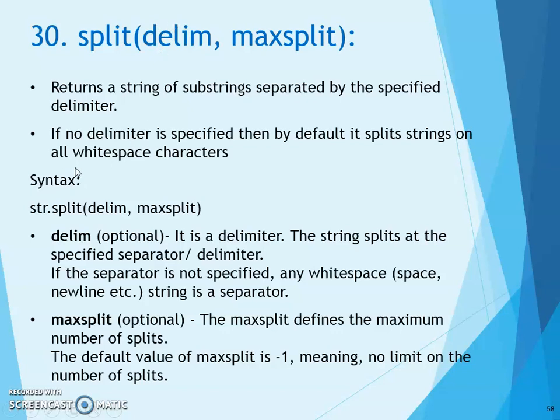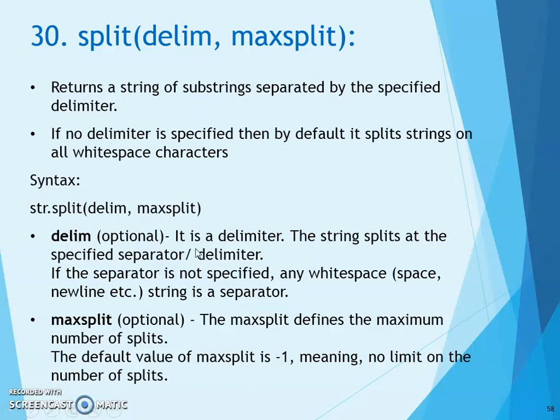And if no delimiter is provided, then by default it splits the string according to the white space characters. So we can invoke the function in this way, that is object of string dot name of the method, that is split, with two parameters, and both these are optional parameters.